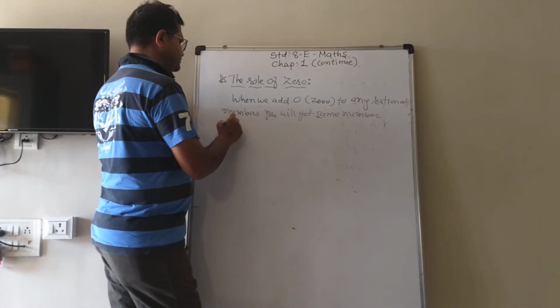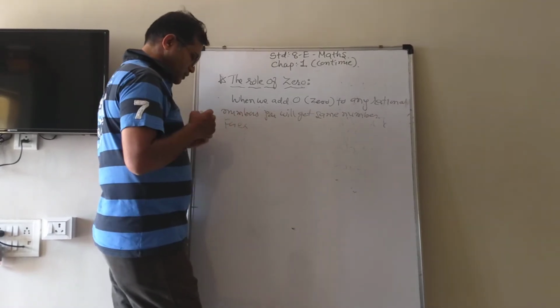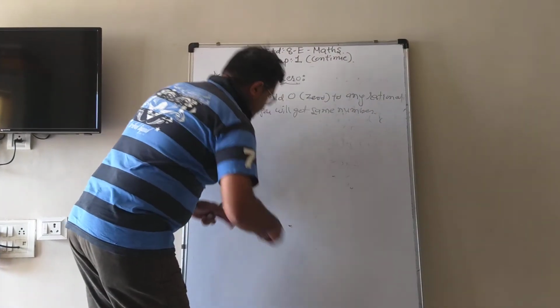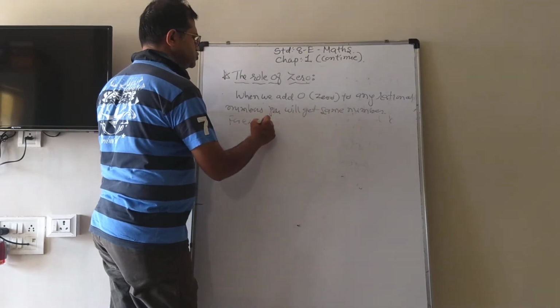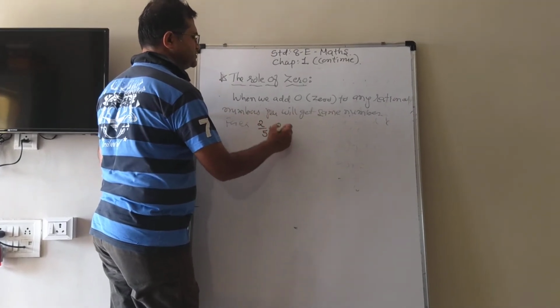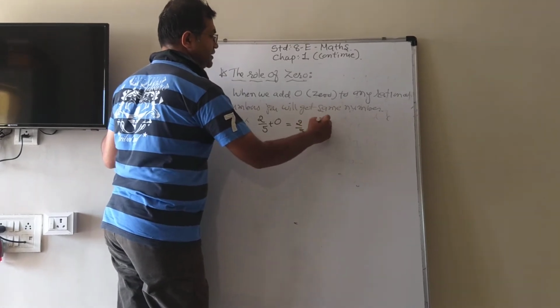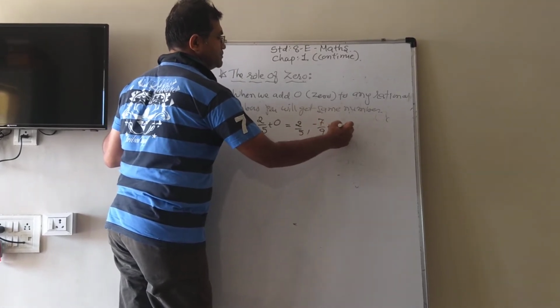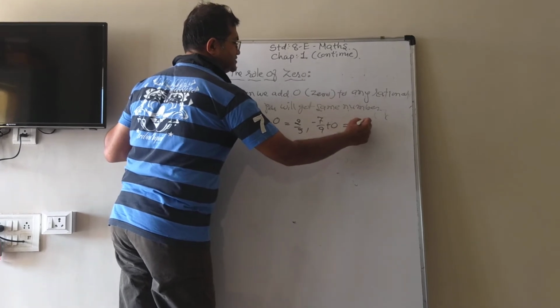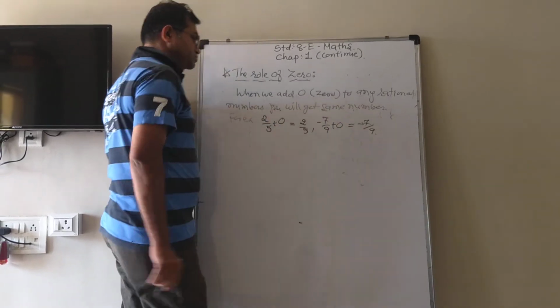For example, 2 upon 5 plus 0 is equal to 2 upon 5 only. Minus 7 upon 9 plus 0, you will get minus 7 upon 9 itself.